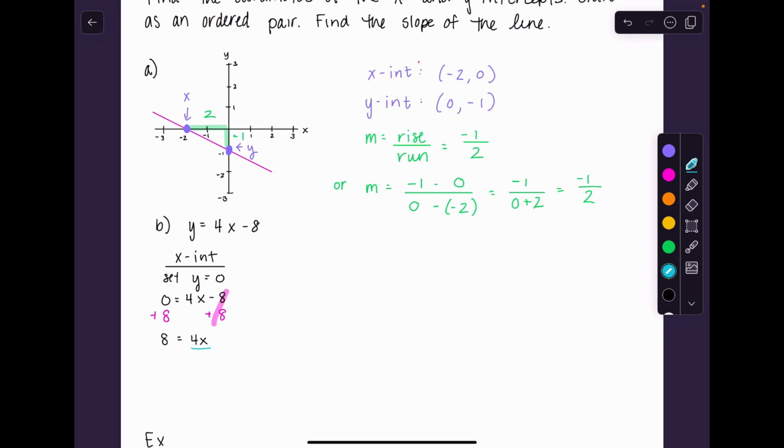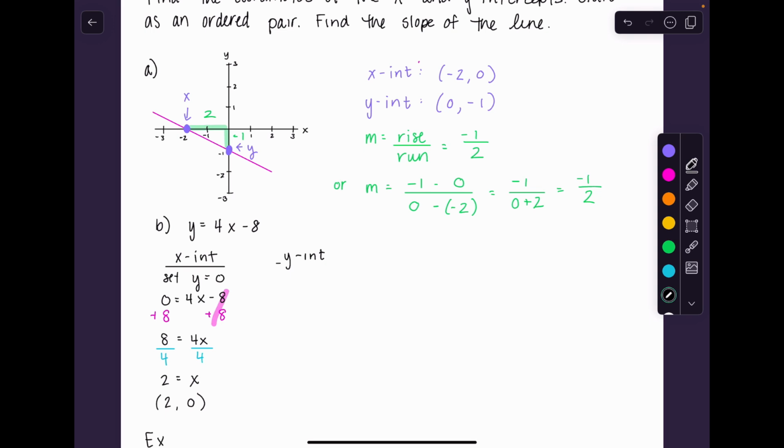And then one last step, we've got to divide both sides by 4 to get x on its own. And that gives us 2 as our x value. But remember, it said to state the coordinates of the x and y intercept. So my x coordinate is 2, my y coordinate is 0. So that is what we do to find the x-intercept.